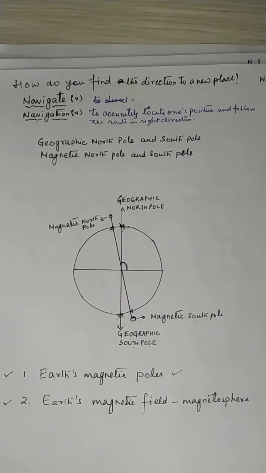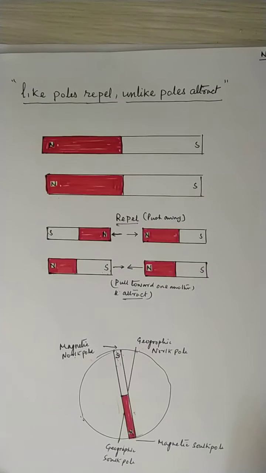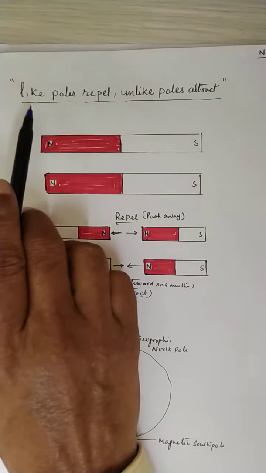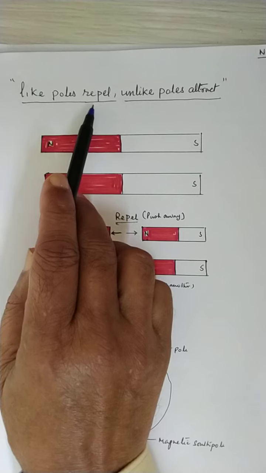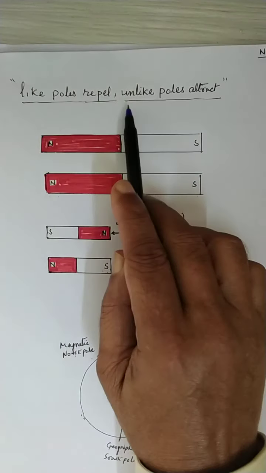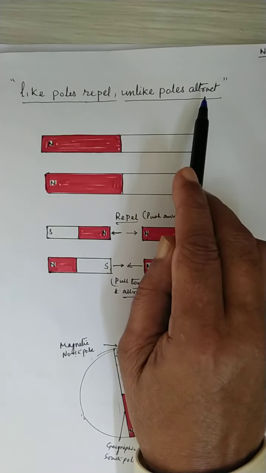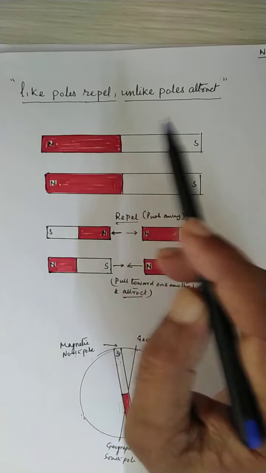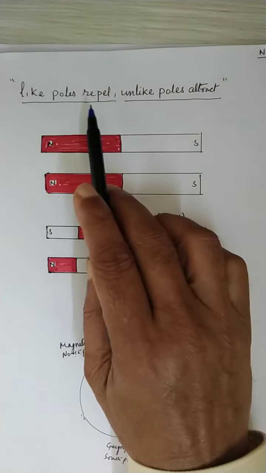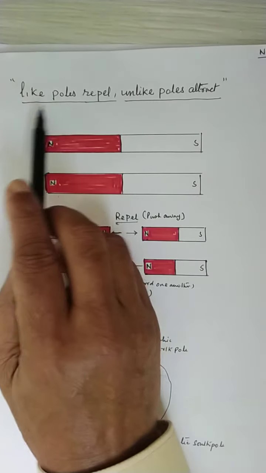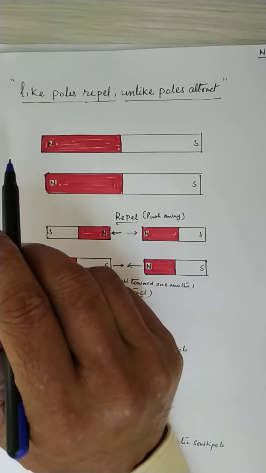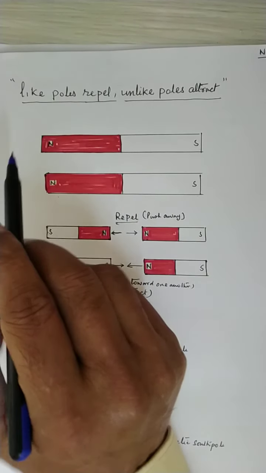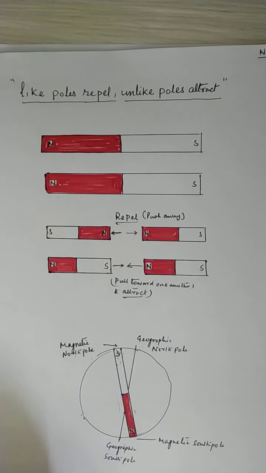What does it mean? Like poles means similar poles, repel means push away, and unlike poles attract means pull towards one another. So if there are like poles, there will be repulsion, and if there are unlike, opposite poles, there will be attraction. This is the basic principle.